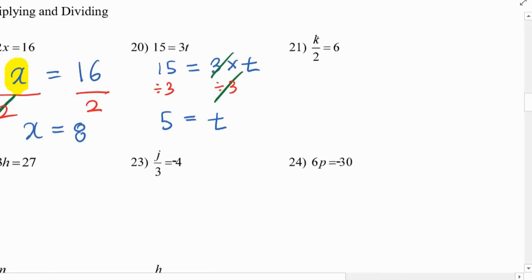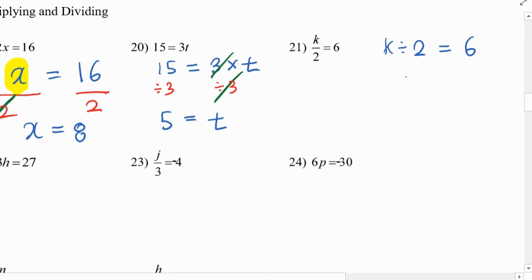Okay, next question. K over 2 equals 6. Okay, everyone, what is this? So this is a division bar. What is this operation? Division, right? So if you rewrite it, it is k divided by 2 equals 6. So our final goal is to isolate k. So to isolate k, we have to do an inverse operation of dividing by 2.